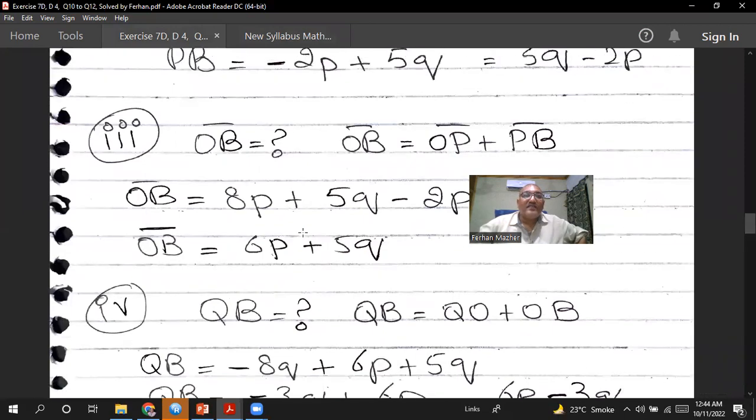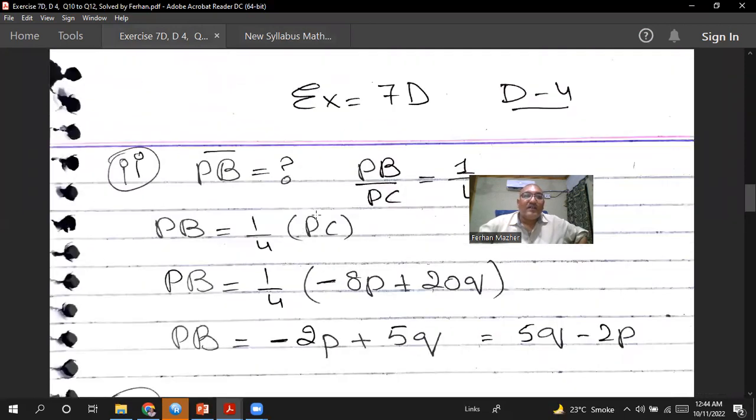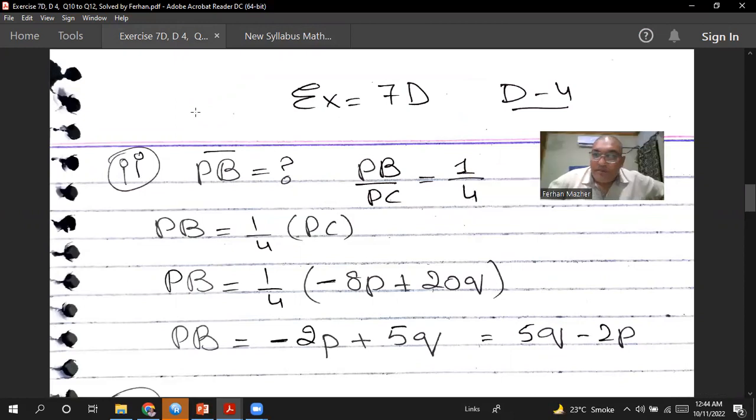Okay, so I want to find out the value of the PB. I know the value of the PC from the first part, I just found it. And I know the ratio between them. The PB is 1, the PC is 4.